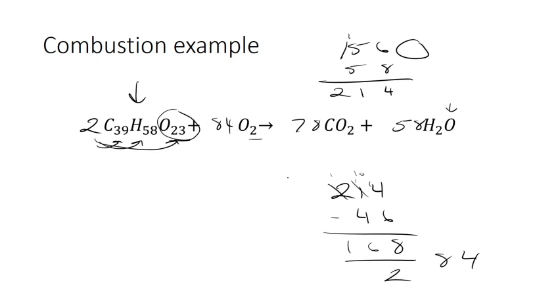Now, the very last step, we want to look. If we can reduce our balancing numbers, we want to do that. And in this case, we certainly can reduce our balancing numbers. All right? We can cut them all in half.